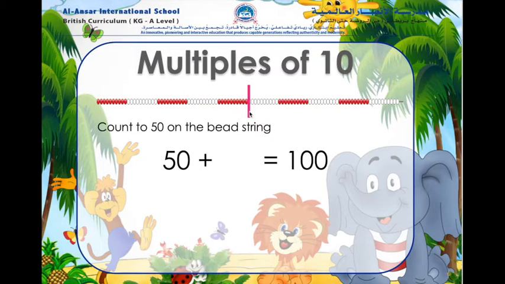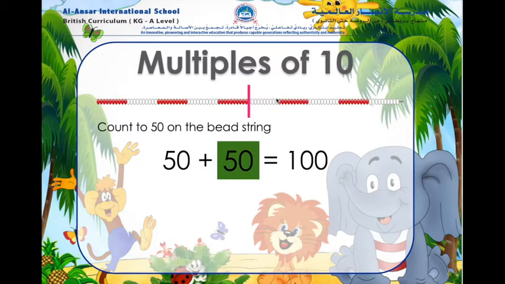Now, 50 plus how many more equals 100? We know that this bead string already has 100. Now how many more do we need to make 100? So here we can say 50 plus, and we can count how many more. 10, 20, 30, 40, 50.